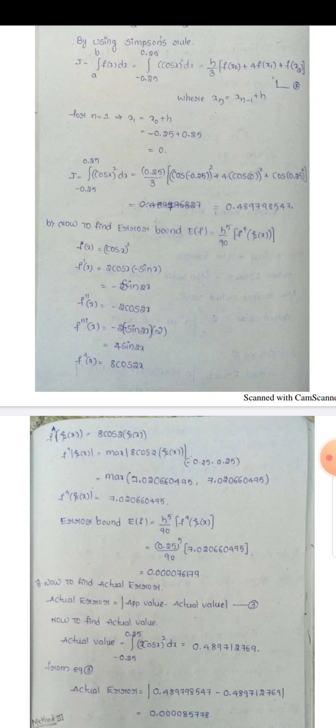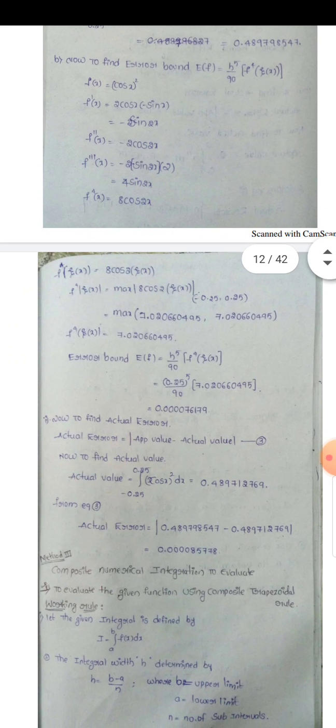0.4076179. Now to find the actual error, actual error equals approximate value minus actual value. Now the actual value equals the integral from minus 0.25 to 0.25 of cos x square dx equals 0.489712769 from equation 3.